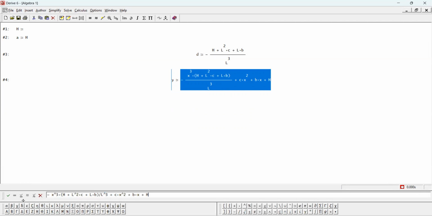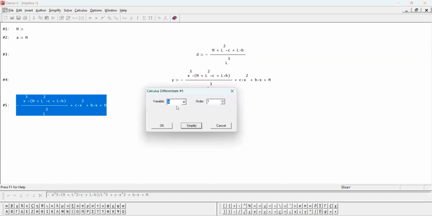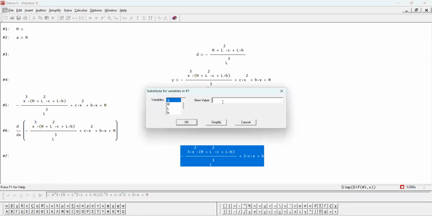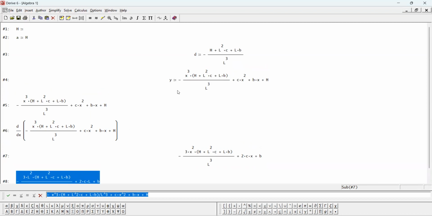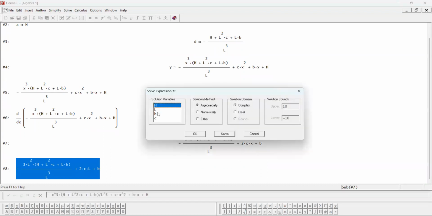Put the expression here, calculus, differentiation with respect to x, and put x equal to L. Now we can find b in terms of a. I'm looking for c in terms of b. So here I say solve c.